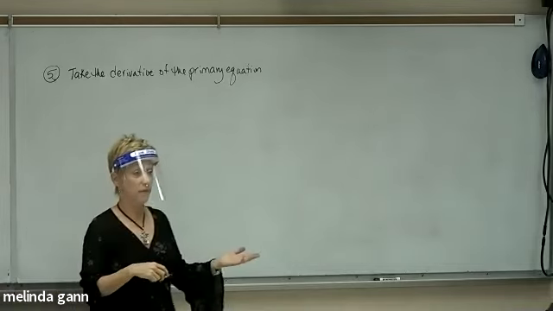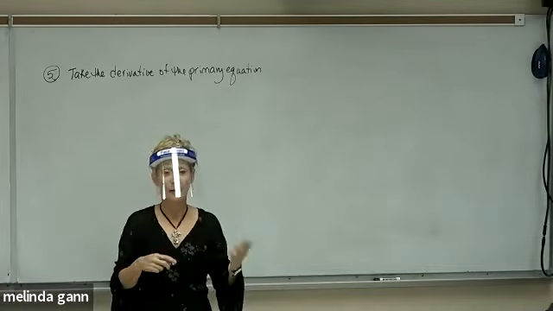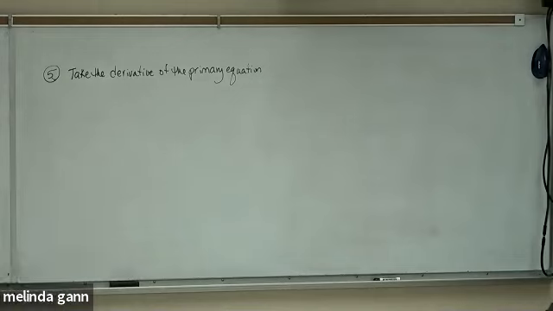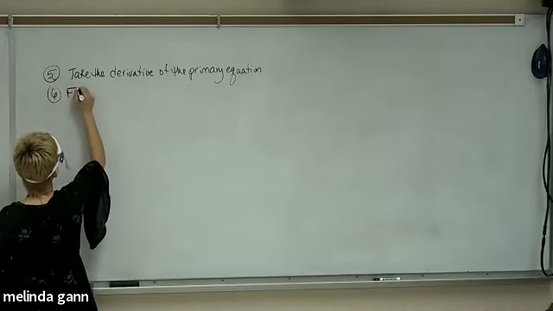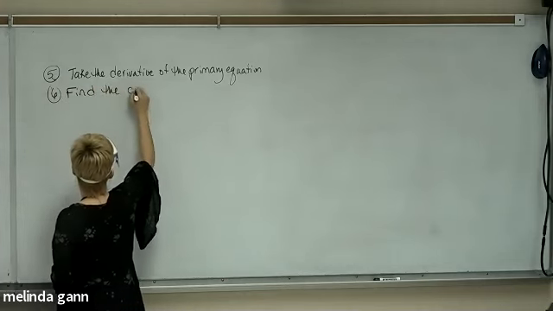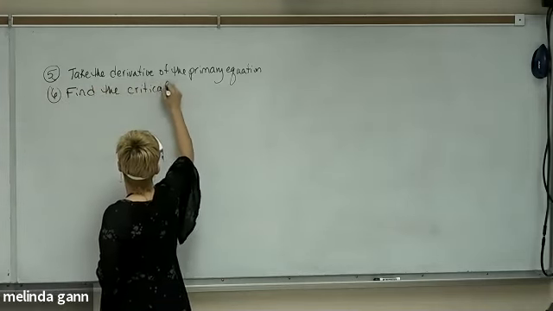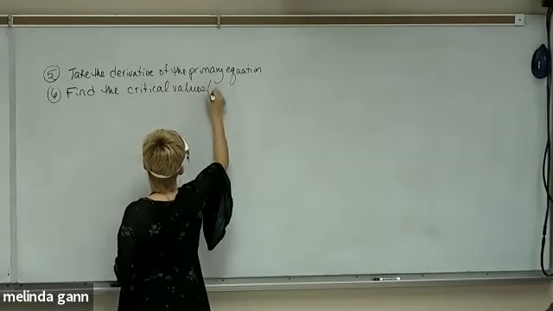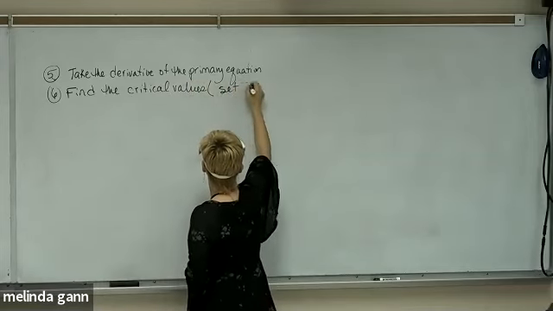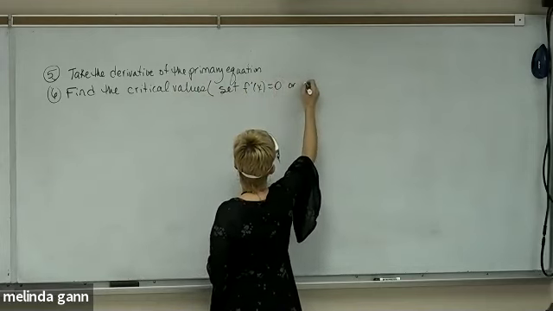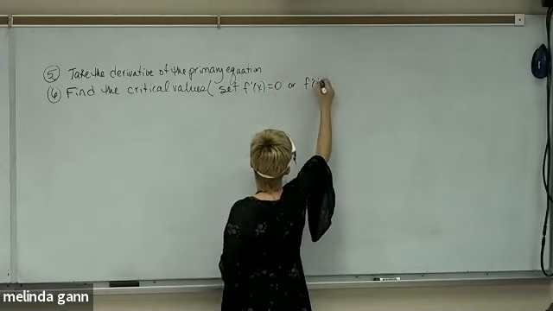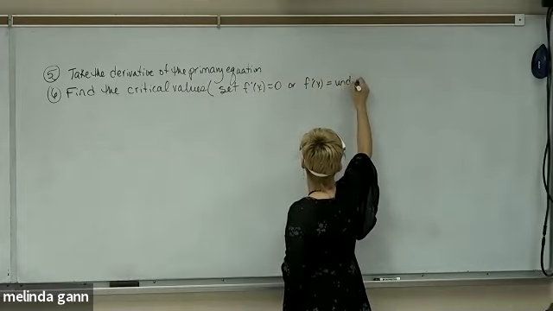Don't they occur at critical values? So how do I find critical values? Remind me. Where the derivative is either what? Zero or what? Undefined. So I'm going to put find the critical value. And I'm going to remind you that's when you set the derivative equal to zero or where the derivative is undefined.